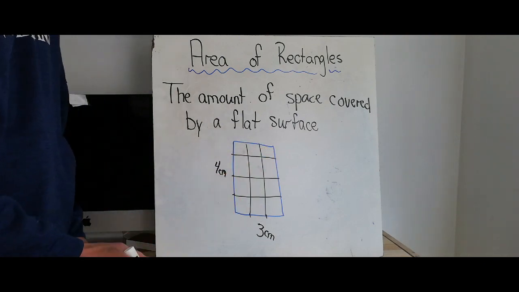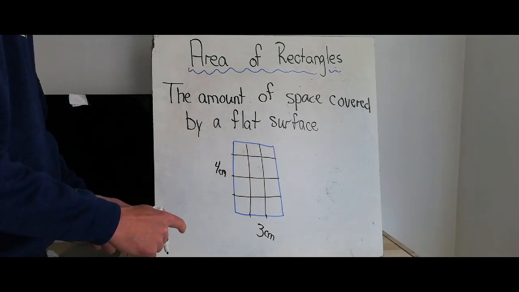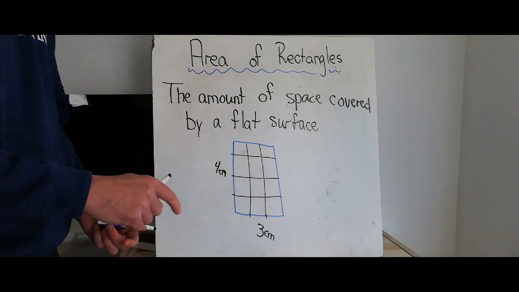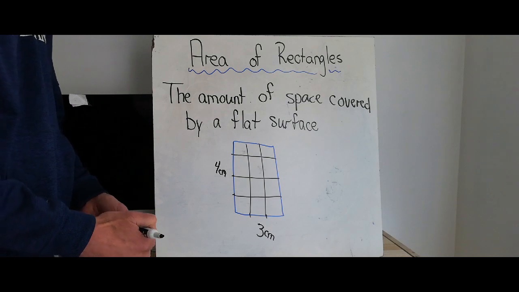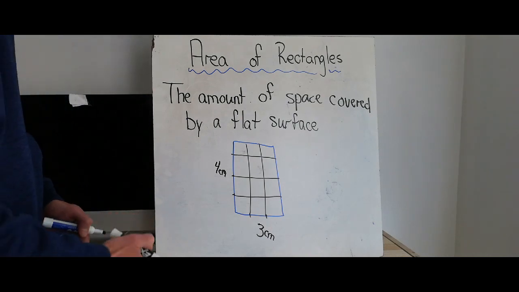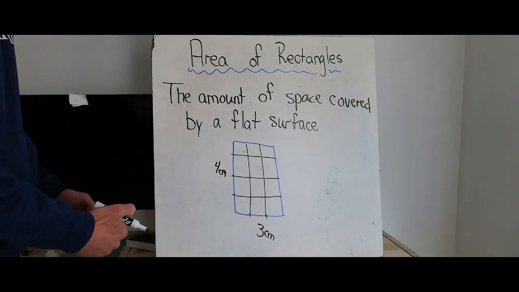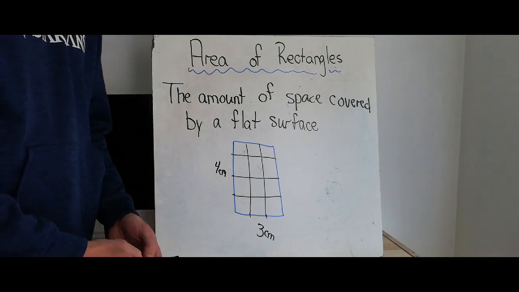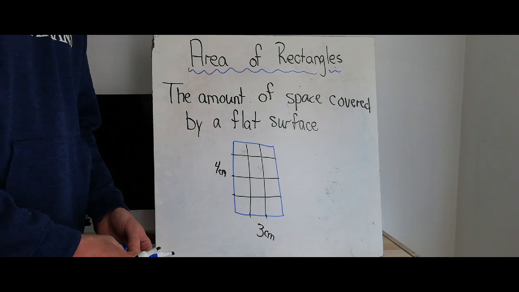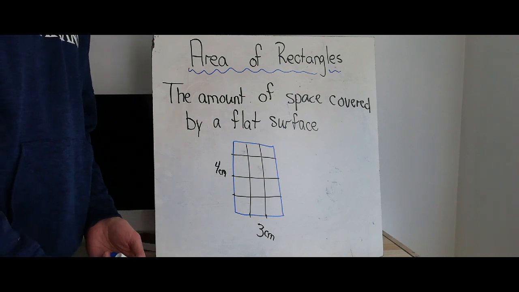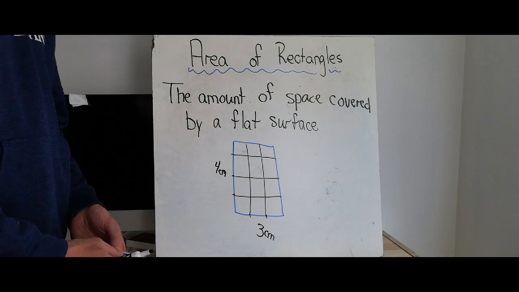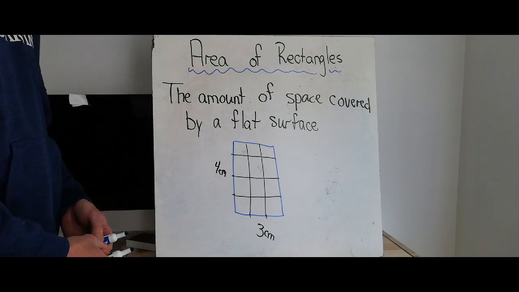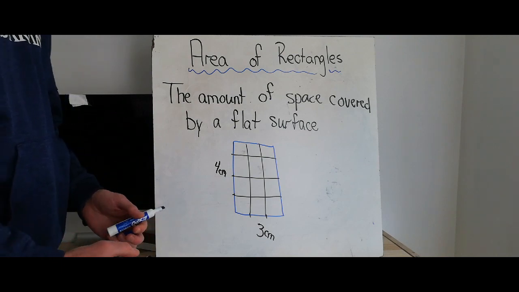So there's 12 centimeter square boxes, and that's the way area is measured, into how many square centimeters, or if it's square meters, or whatever distance it is that somebody has. Even if you're talking about the area of a certain piece of land that someone wants to purchase, they would measure the area in maybe square meters or even square kilometers if it's a really big piece of land.